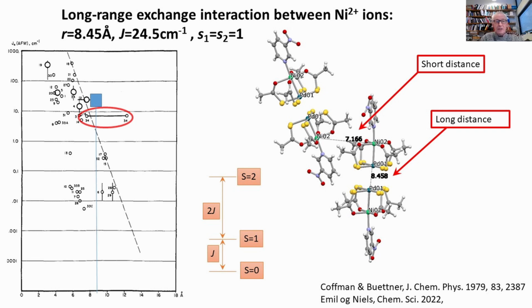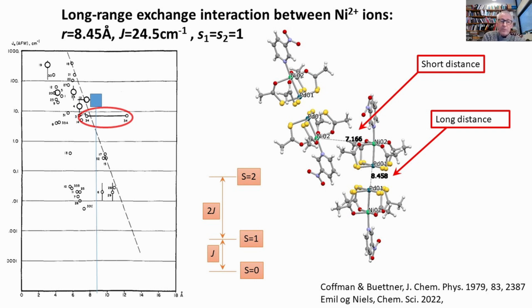This question was raised many years ago when Kaufman collected all data which were available at that time, and then he simply made a logarithmic plot of J values versus distance. And he then took a ruler and made this line and said that this was probably an upper limit for the value of J as a function of distance.